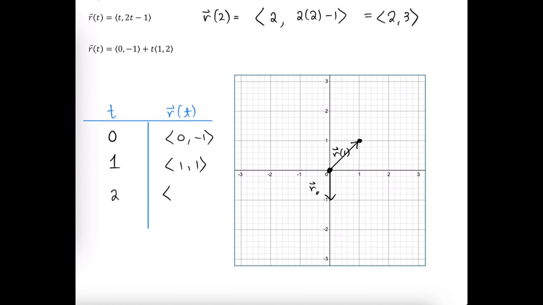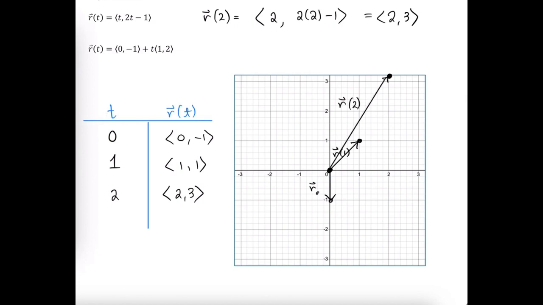And 2, 3 is the output vector when we plug in the parameter 2. Graph 2, 3 as a position vector, meaning that it is going to terminate at the ordered pair that matches the components of the vector, and we end up with r evaluated at 2.